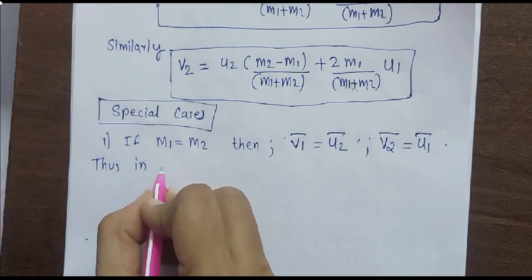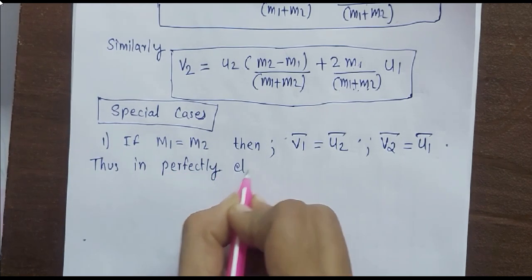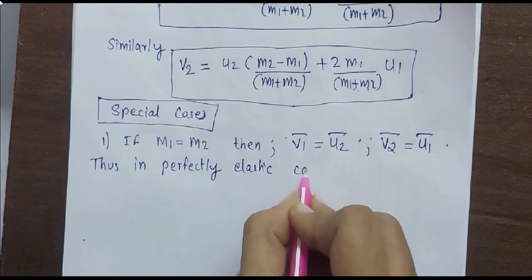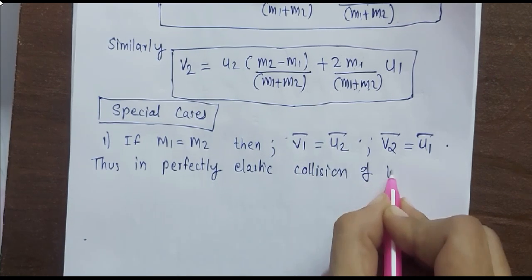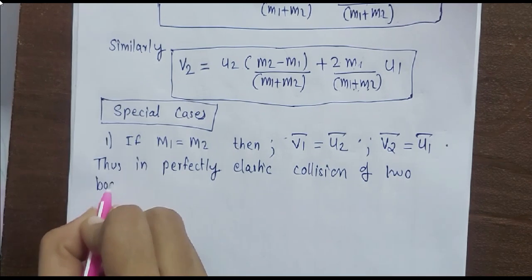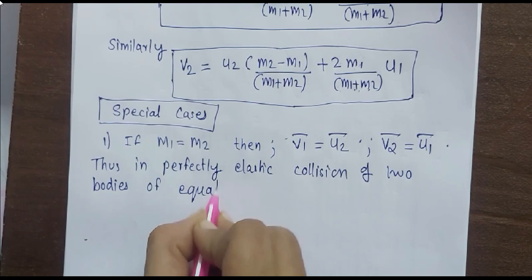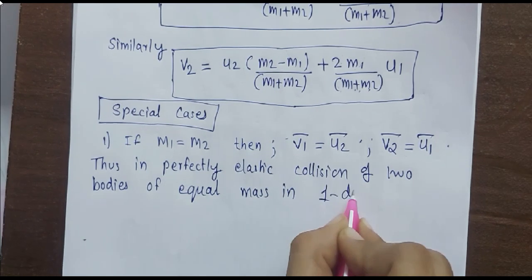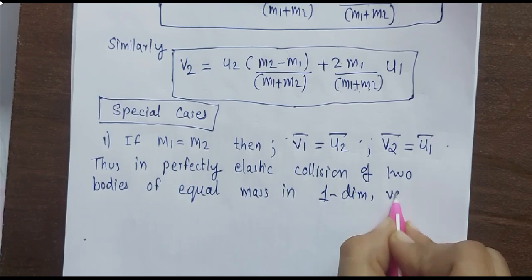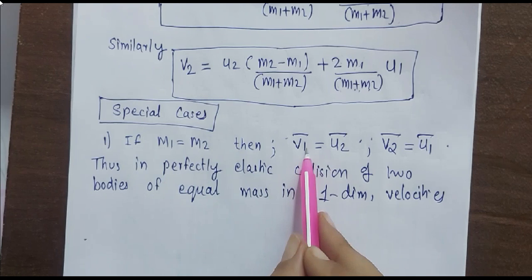Thus, in perfectly elastic collision of two bodies of equal mass in one dimension, here you can see velocities are interchanging.